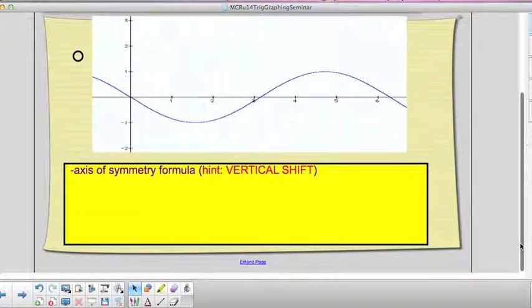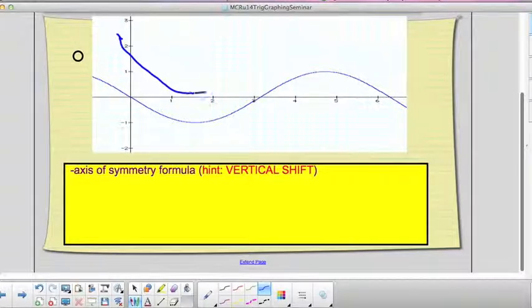Now this is a function that has been reflected, but imagine, for example, I applied a vertical shift. So now my graph is going to look like this.